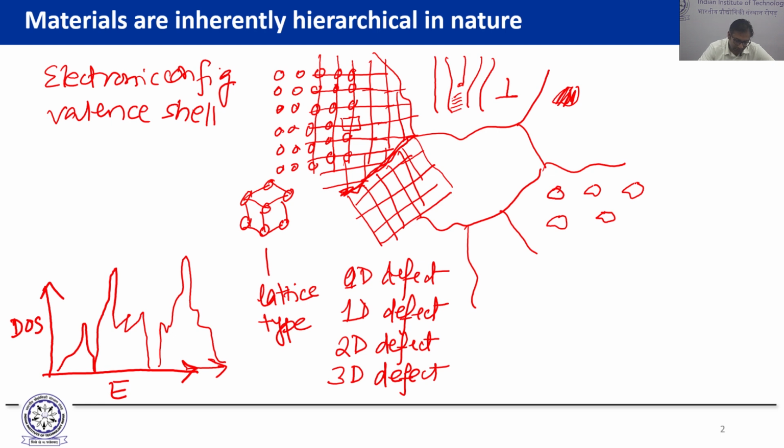So when you are looking at the very smallest building blocks like the electrons, you start using computational methods like density functional theory. When you get to the level of atoms, you start looking at atomistic modeling methods like molecular dynamics. When you start looking at defects like dislocations, you can use discrete dislocation dynamics and so on.